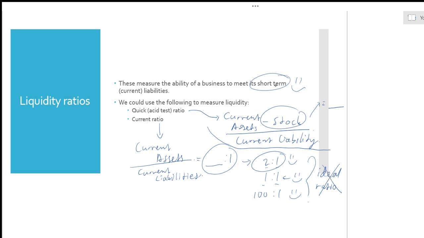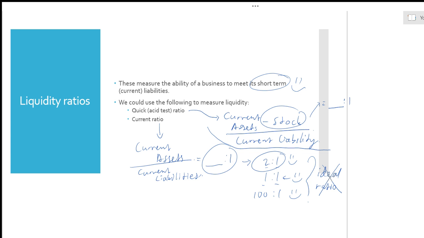We express the answer as something is to 1, right? We interpret this in the same way. If you have a result of 2 to 1, it means that the company has sufficient quick ratio. If it has 1 to 1, what does it mean? A 1 to 1 quick ratio also means that the business has sufficient liquid assets to cover the short-term liabilities.